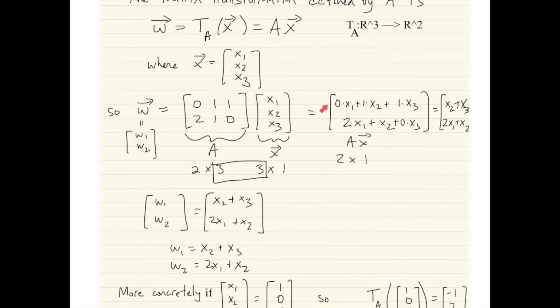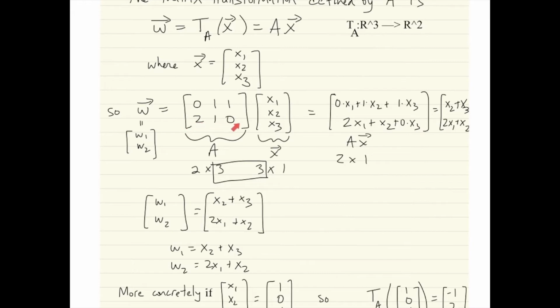This is row 1, column 1. So I take row 1 of the first matrix, column 1 of the second matrix, and take their quote-unquote dot product. 0 times x1 plus 1 times x2 plus 1 times x3. That's exactly what I've done here. And when you simplify that, you get x1 plus x3. Now in this position here, this is row 2, column 1.